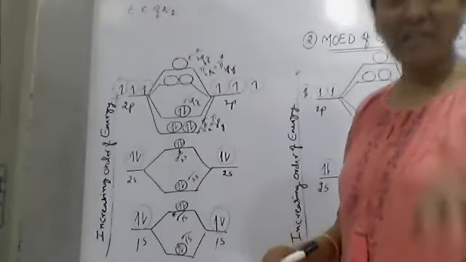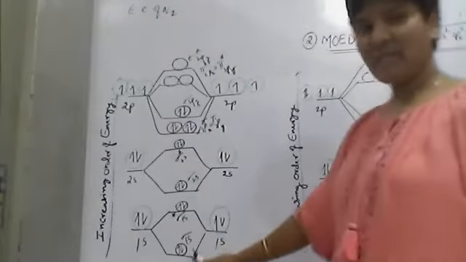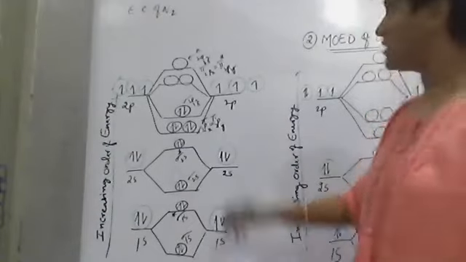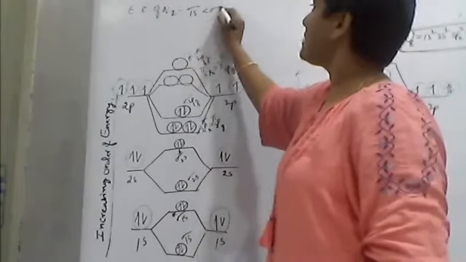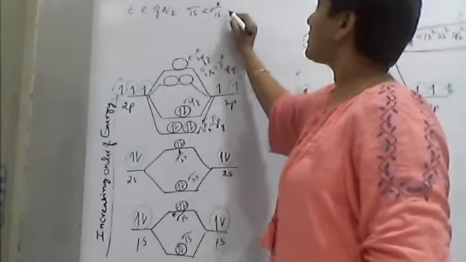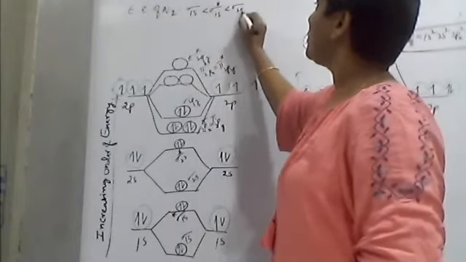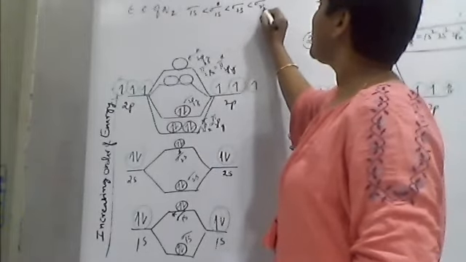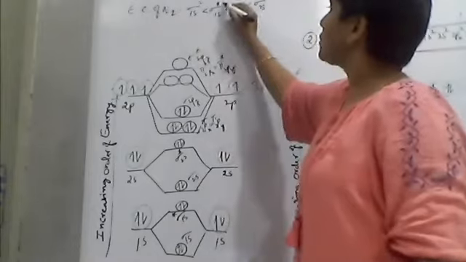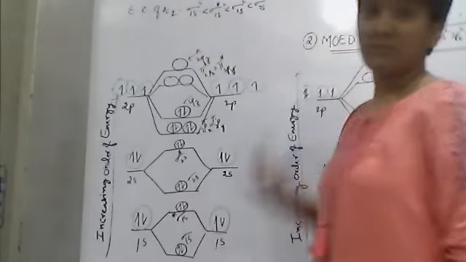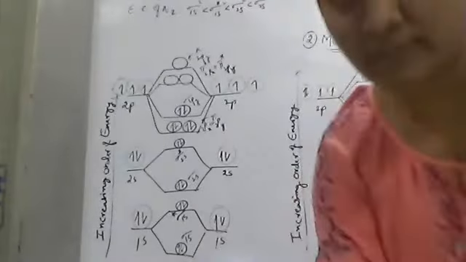Previously we wrote it for the nitrogen atom. Once again, the same, from low energy to high energy. So what is that? Sigma 1s, next sigma 1s star, next sigma 2s, next sigma 2s star. Each one has 2 electrons.